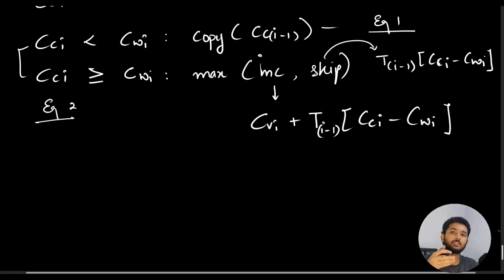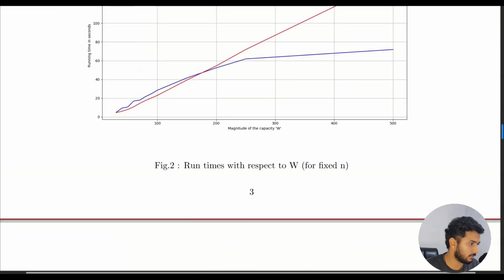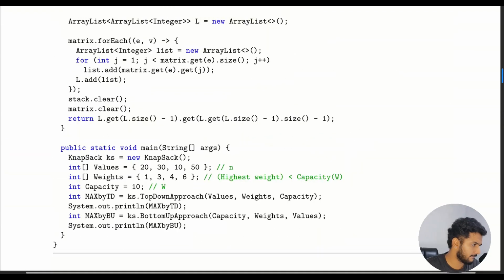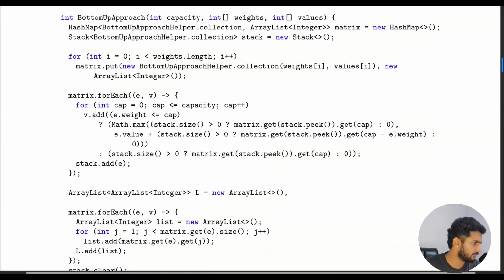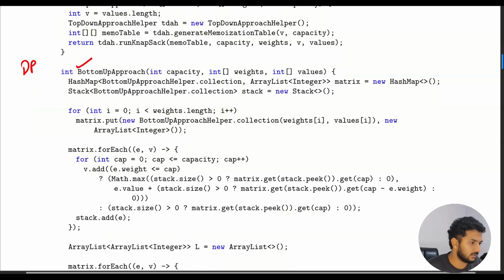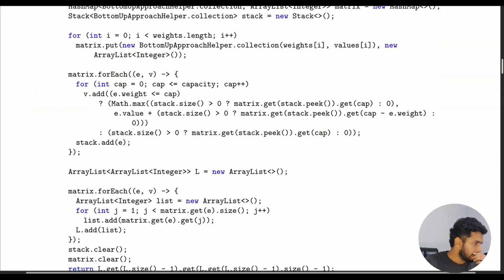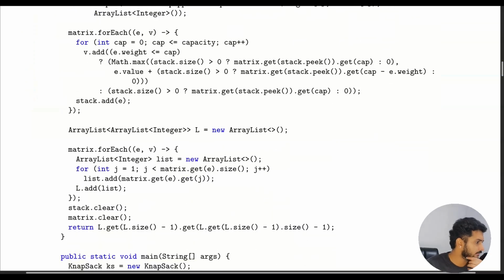Now I'm going to discuss the code that I've used to solve this problem. See, this is the code, and we have used the bottom-up approach here, which is DP, using the dynamic programming table. If you observe, here are the mathematical equations.